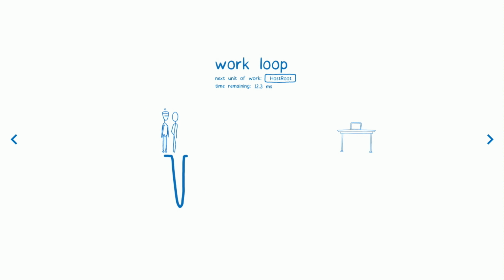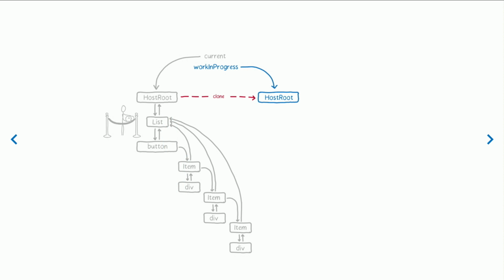So React and the main thread get started, and they're going to start in this first pass through the work loop. They're going to start with the host root, and they're just going to copy values over from the current version to the work in progress tree. And this included a pointer to the child of the host root, which is the list. Since there are no updates, it's just going to clone the list into the work in progress tree.